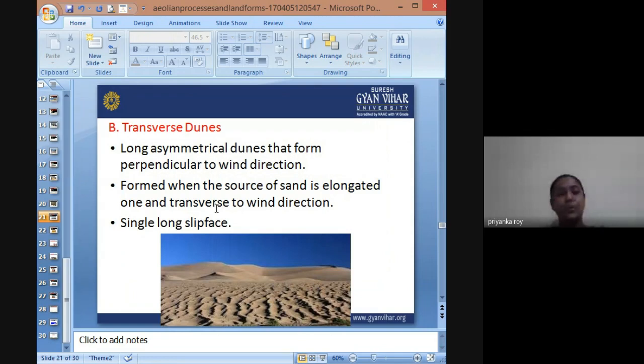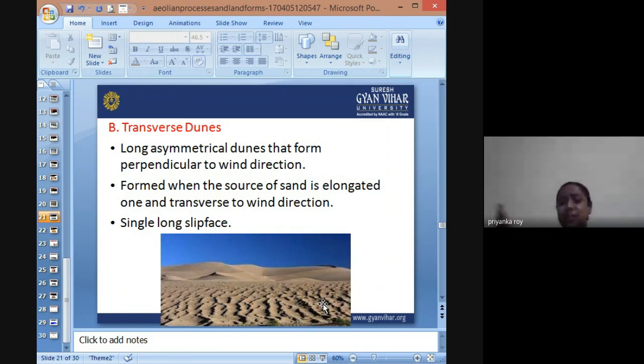Now transverse dune. What is a transverse dune? In this image, if you see here, it makes a small ripple-like formation along the other dune formation. It happens when the wind velocity is less and the deposition is happening in a small asymmetrical pattern.